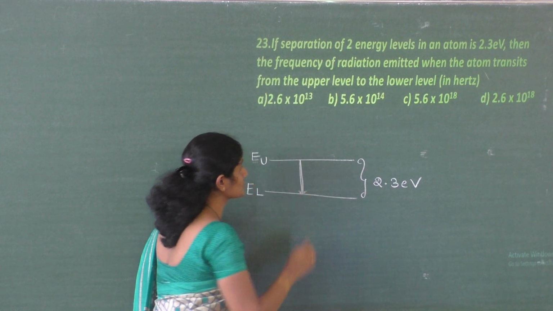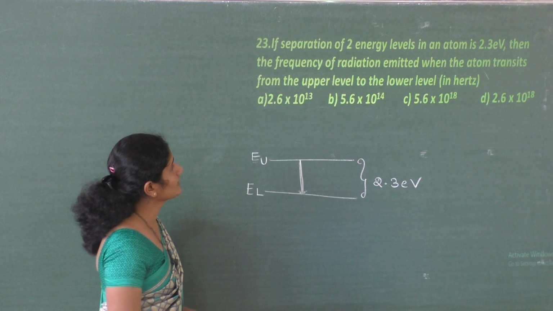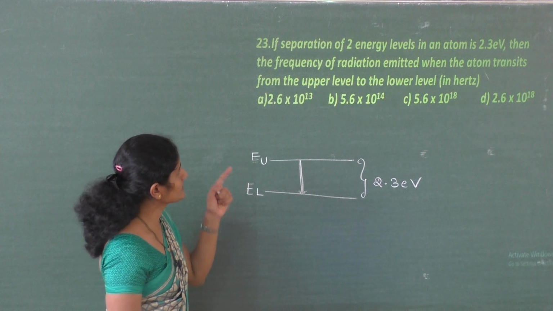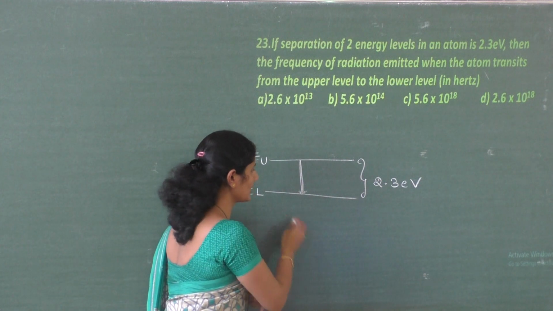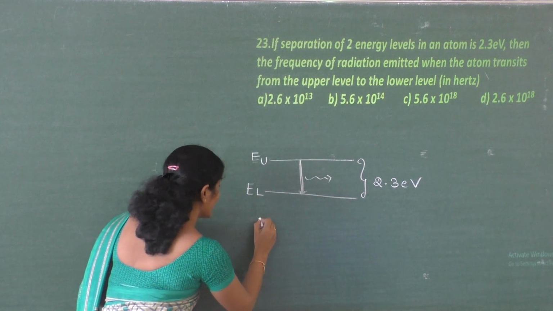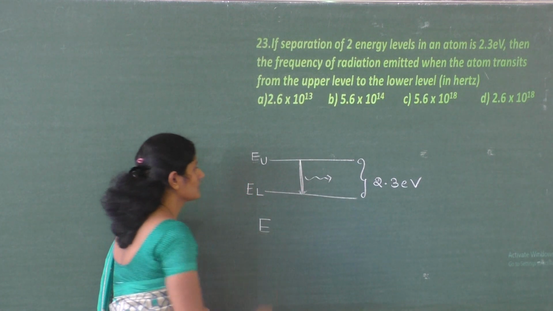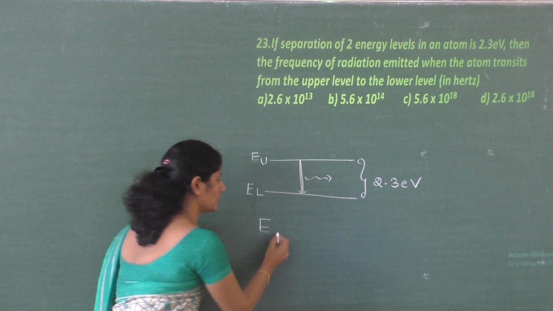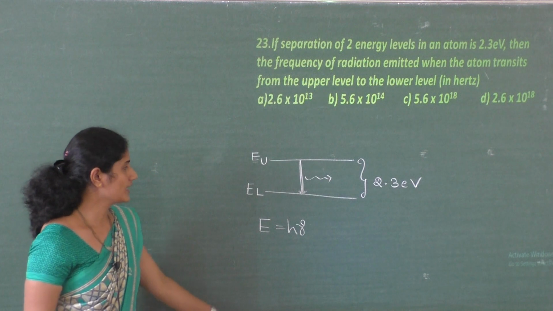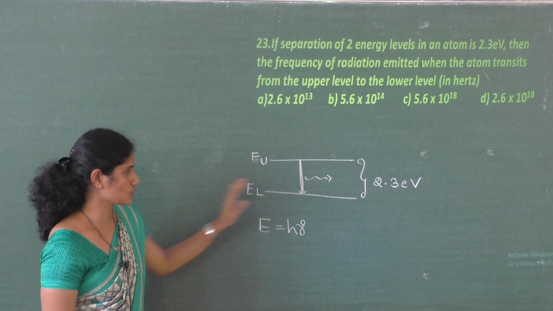So what is the frequency of radiation emitted when the electron transits from the upper level to the lower level? Energy of the photon, E is equal to h nu. We know the expression for energy, E is equal to h nu.